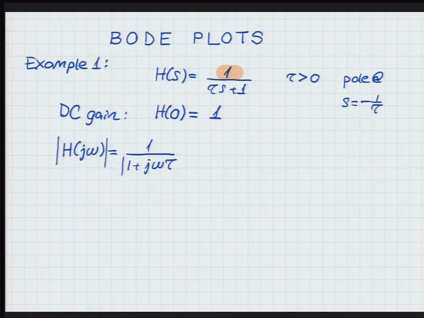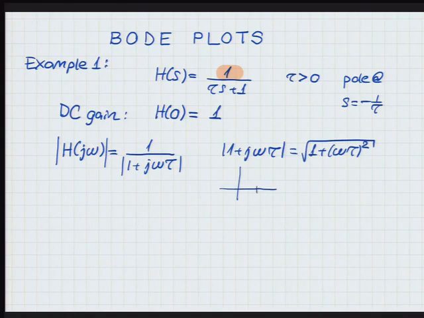And the magnitude of that is 1 over the magnitude of the denominator. The magnitude of the denominator is simply the square root of 1, which comes from the real part, plus omega tau squared, which comes from the imaginary part. That's because 1 plus j omega tau looks like this.